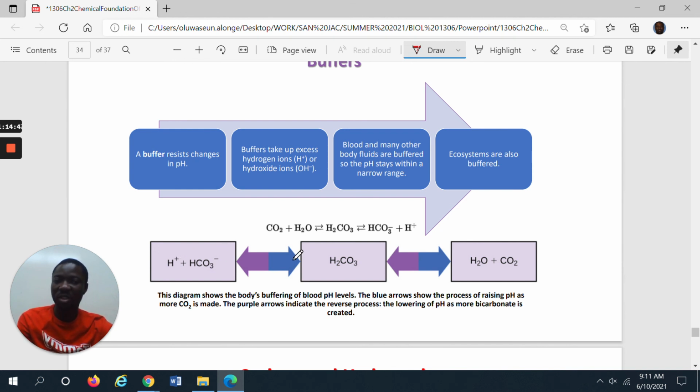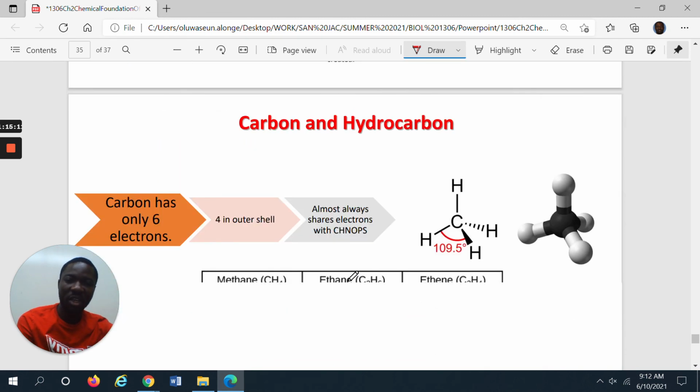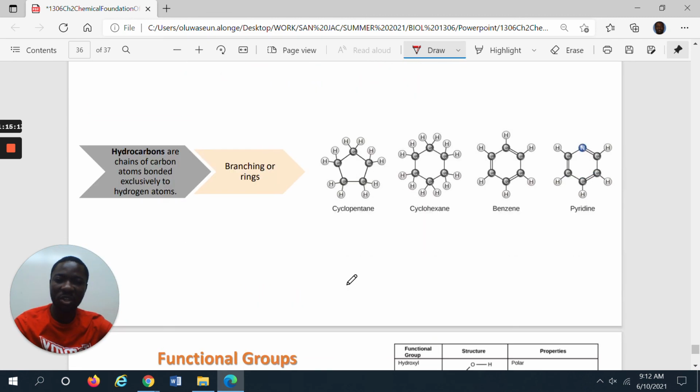What is going to happen is H2CO3 is going to split, and HCO3 is going to attract the hydrogen ion. So even though there is more hydrogen here, HCO3 is going to capture it, and it will not allow the pH value or the acidity to increase. The same thing if it was OH minus that was going to increase, it's going to balance it like that and not cause the cell to become basic.